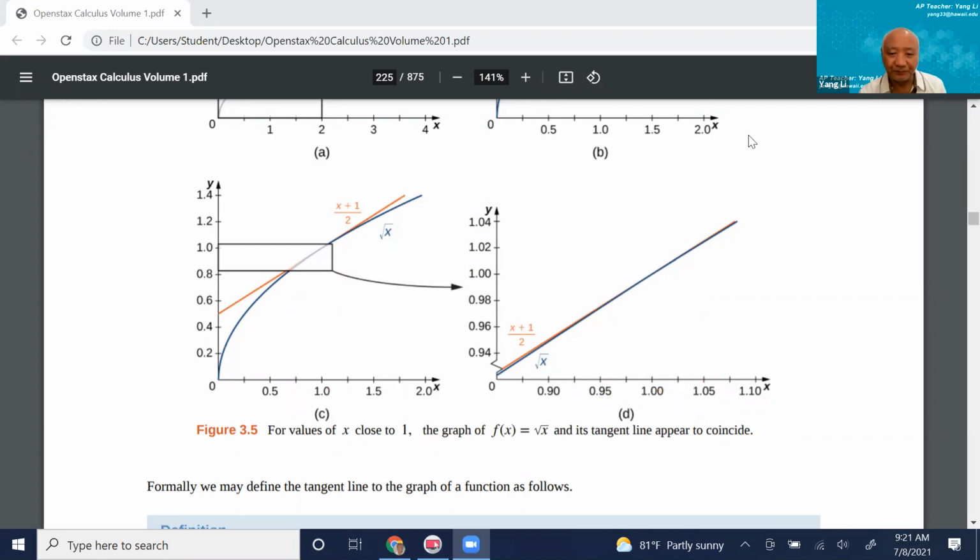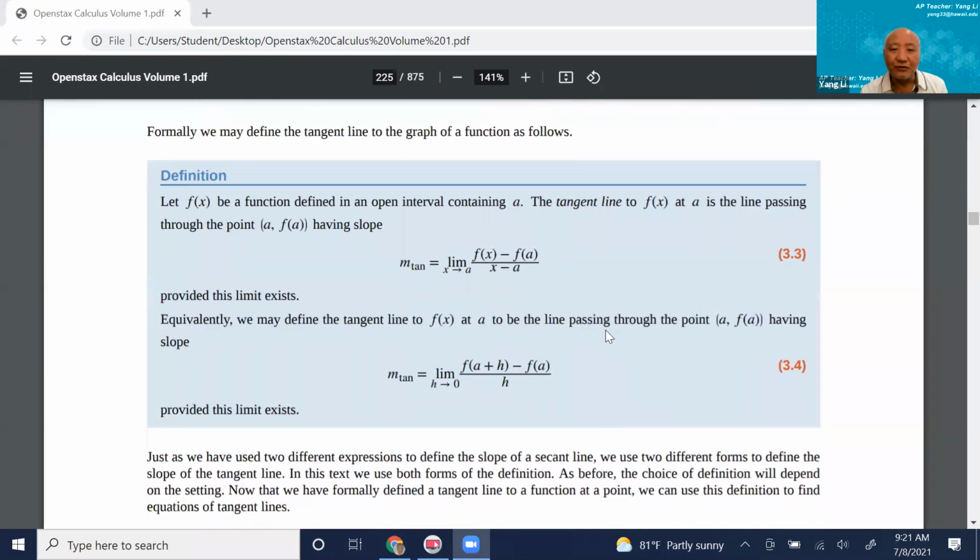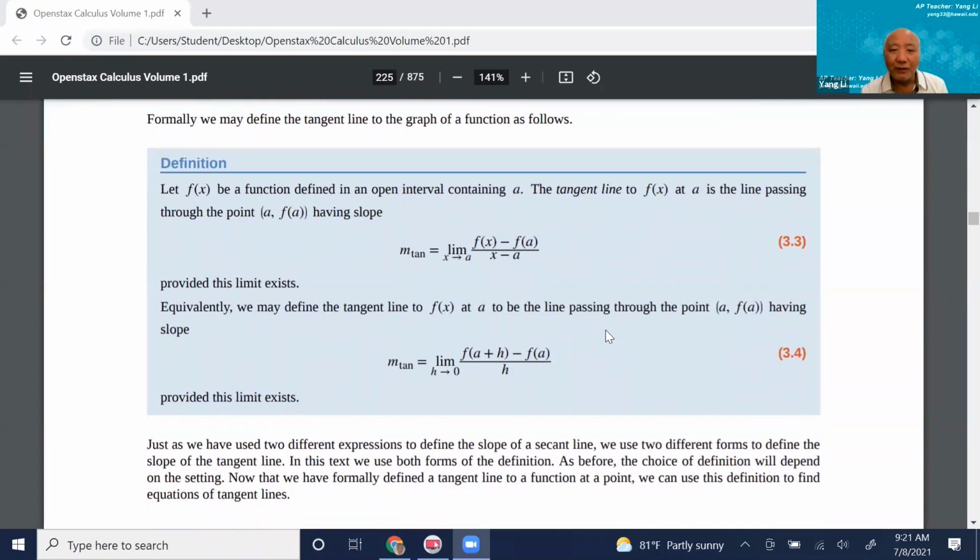Now let's continue. Based on all this, we can formally introduce the definition of the tangent line. Actually, we had this before, but here we formally state that the tangent line to f(x) at a is the line passing through the given point (a, f(a)) with slope equal to the limit, as x approaches a, of the difference quotient (f(x) minus f(a)) over (x minus a).